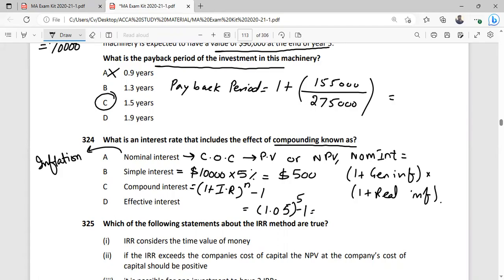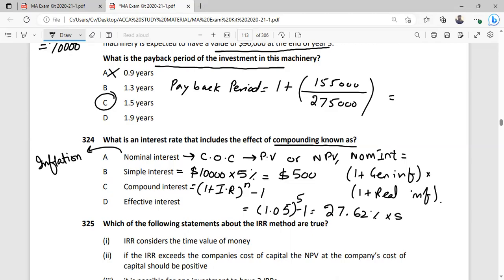So in total in 5 years, you will get 27.62% after multiplication by 100.